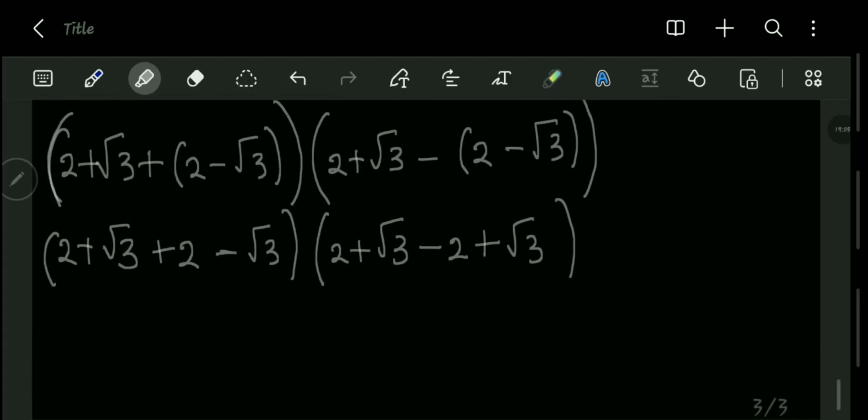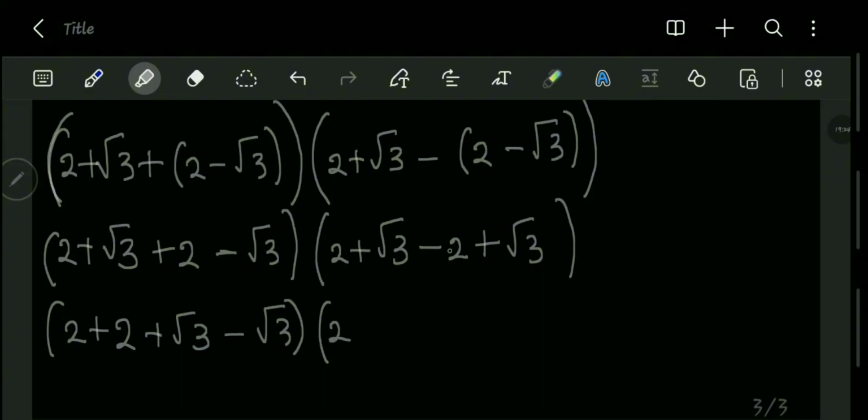So if you have done that, you collect like terms in this bracket here. Collecting like terms here, you are having 2, which is this, plus 2. I'm collecting the constant. Then the surd now, I'm having plus √3, then minus √3. Are you seeing that? Then for this bracket, I'm collecting the constant first, that is 2 minus 2, then plus √3 plus √3 again.